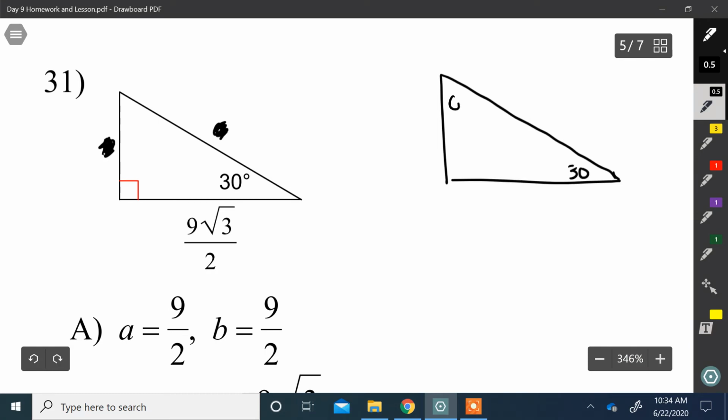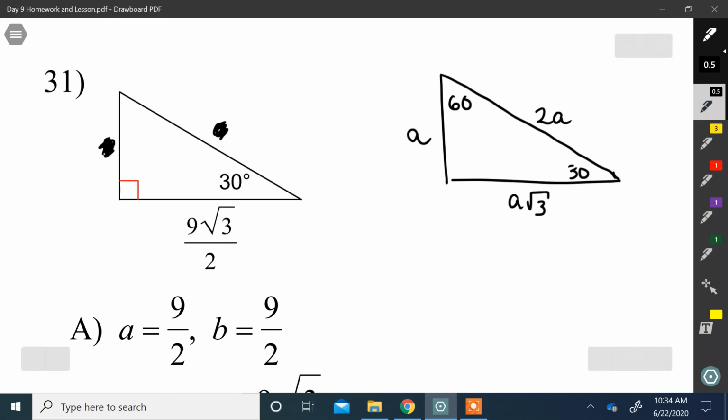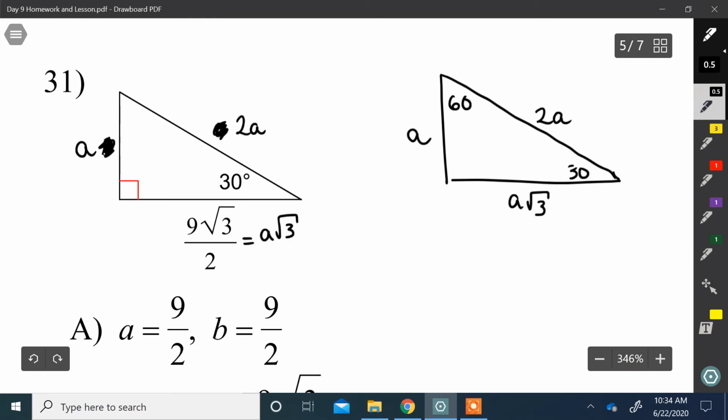If this is 30 and this is 60, then if this is A, this will be A square root of 3, and this will be 2A. Okay? So if I were to do this again, this will be A, this will be my 2A, and this right here will be my A square root of 3.